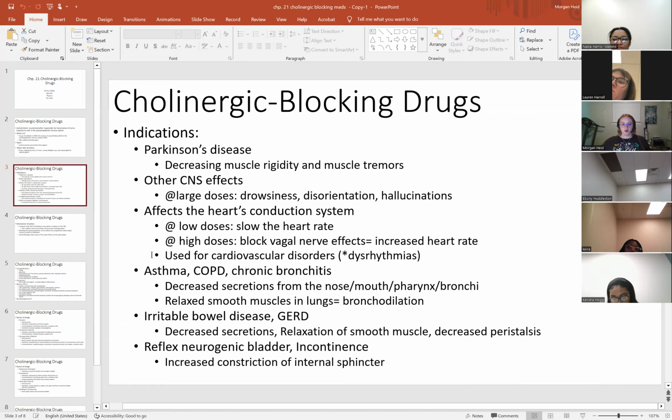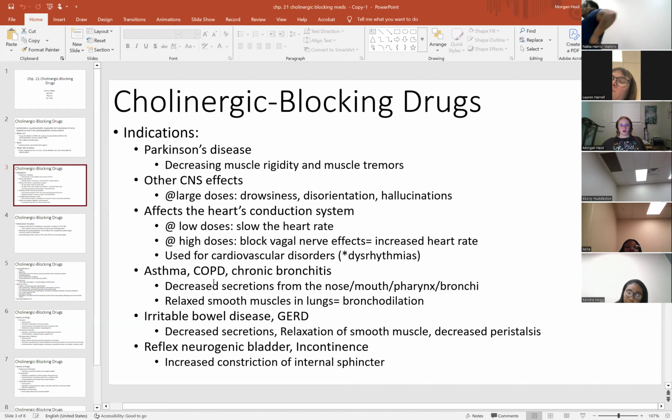So at a low dose, you're still going to get that bradycardia that we'll see with the parasympathetic nervous system. You'll actually see the blocking happen once we get higher doses. And then we'll start to increase the heart rate. So really, you're only going to get this effect at the cardiac system if I give you a higher dose.